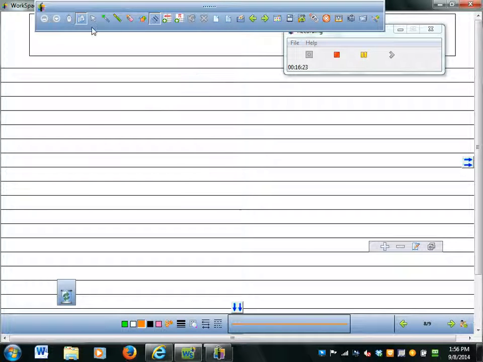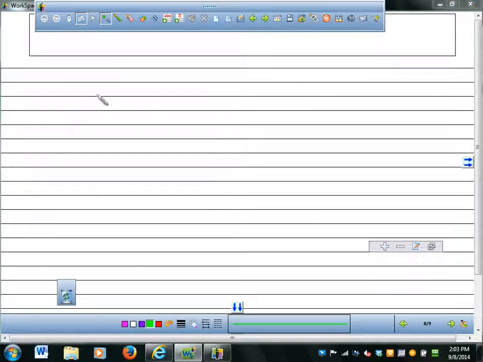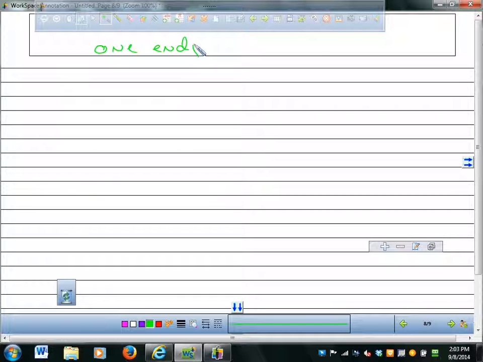One endpoint of a line segment has coordinates negative 1, negative 2.